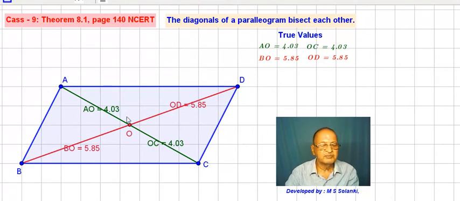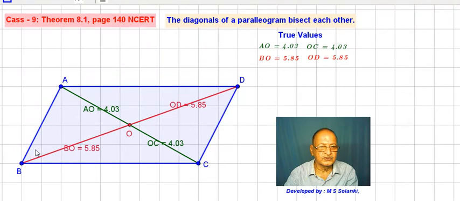The simple way is that you have to prove that triangle AOB and triangle COD are congruent. This angle is equal to this angle, alternate angles.